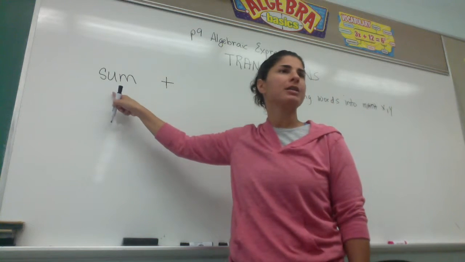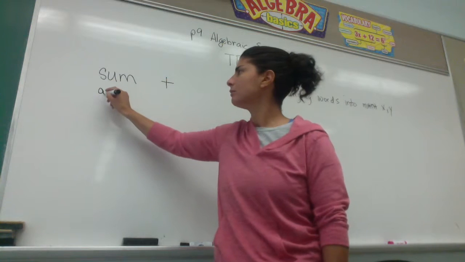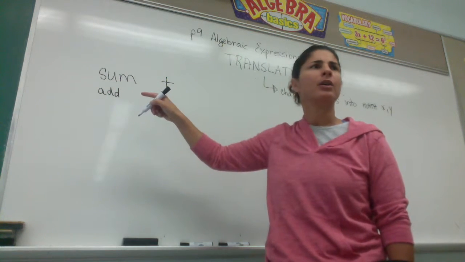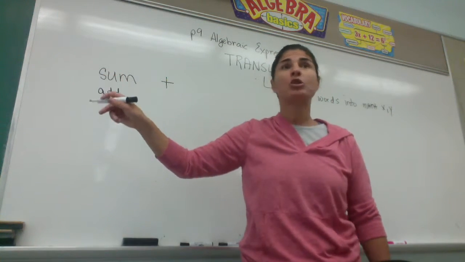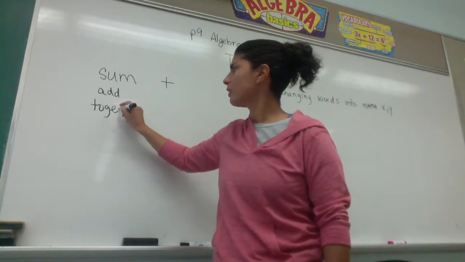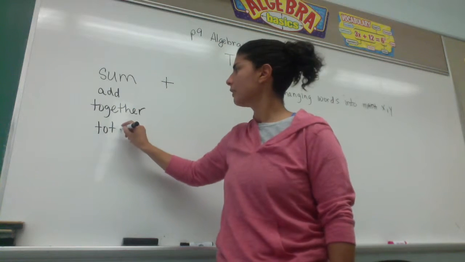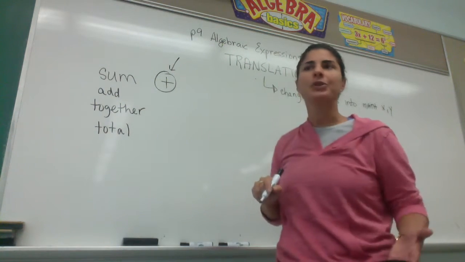Now there are other words that mean plus, like add, sum, together. Together means to add. How much do I have together? Is there anything else we can think of? Total. The total. That's nice. I like that one. So the symbol plus has different words.